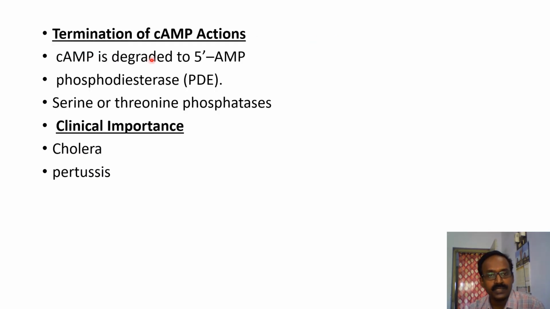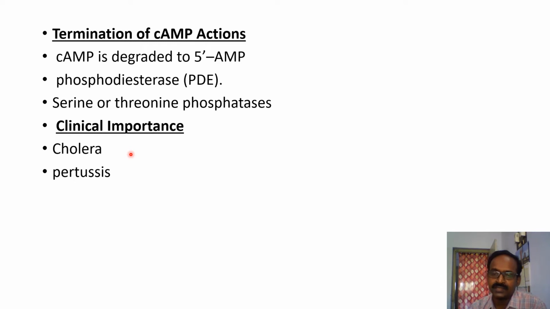Termination of the cyclic AMP action: cyclic AMP is converted to the 5' AMP by the phosphodiesterase enzymes. It is also degraded by the serine threonine phosphatase. Dephosphorylation will occur. In the clinical importance, in cholera, it is produced by the Vibrio cholerae.